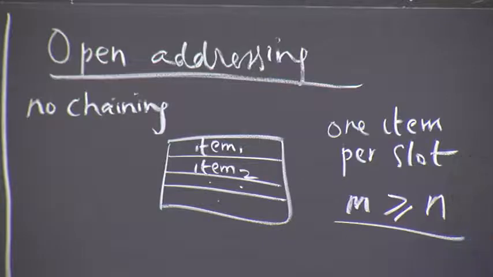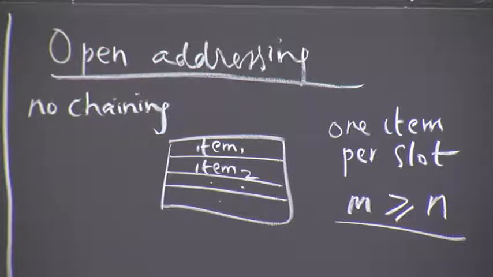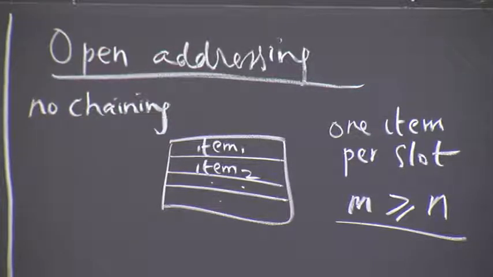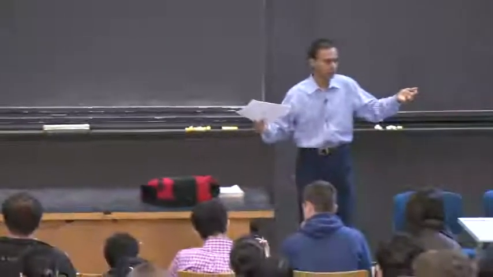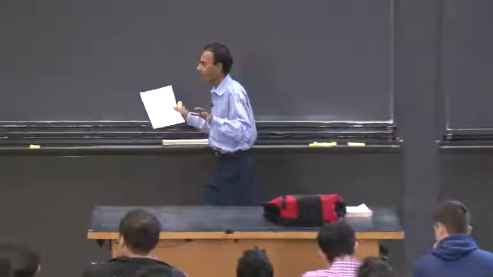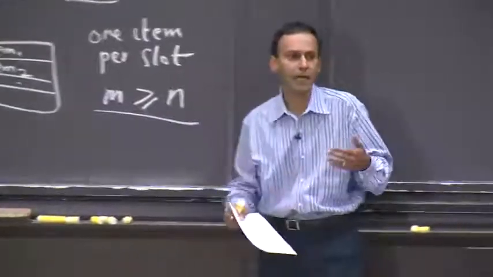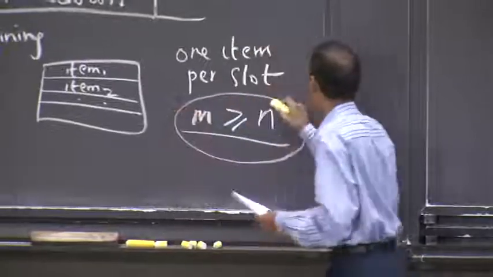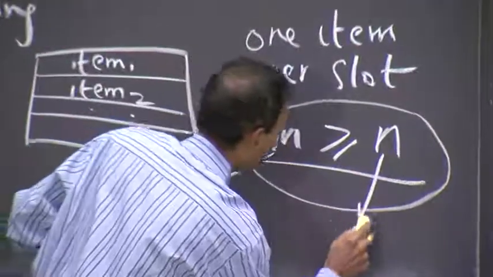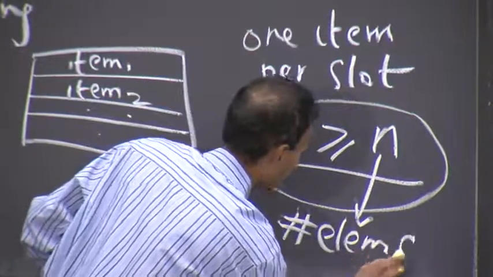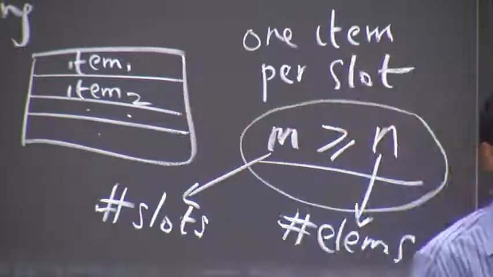We can't arbitrarily increase the storage of a slot using a chain and have n, which is the number of elements, be greater than m, which you could in a hash table with chaining. But here you only have these array locations, these indices that you can put items into. So it's pretty much guaranteed that if you want a working open addressing hash table, m, which is the number of slots in the table, should be greater than or equal to the number of elements. All right? That's important.